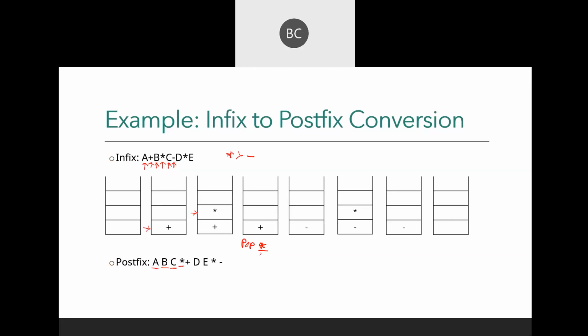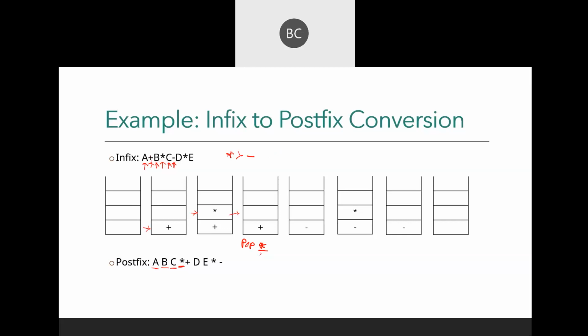After C, the next symbol is the minus sign, and our top item is the multiplication sign, which has higher precedence over the minus sign. Therefore, we pop the star symbol and put it in the result expression. Now, after popping out the star, we have the plus symbol. Plus and minus have the same precedence, but it's left associative.